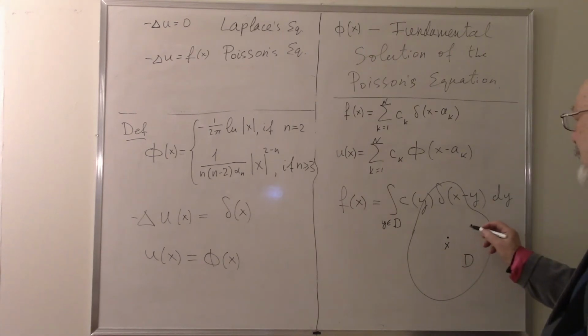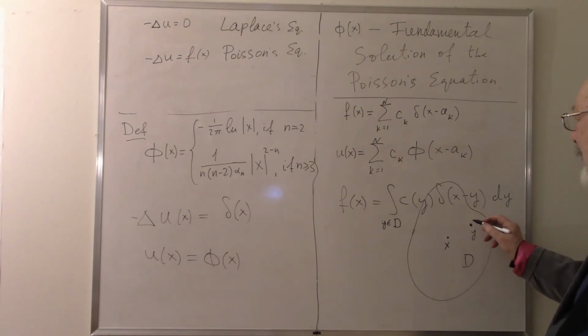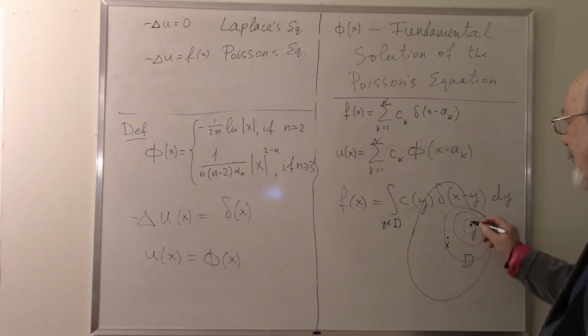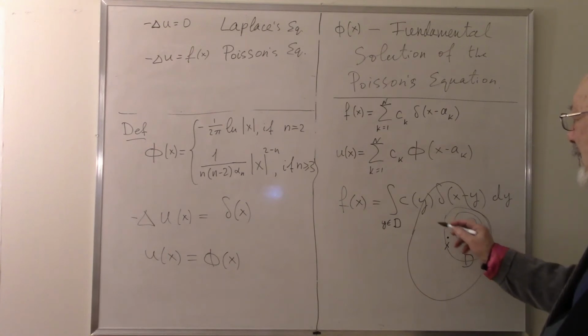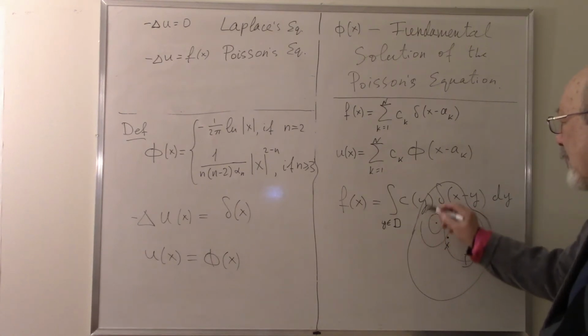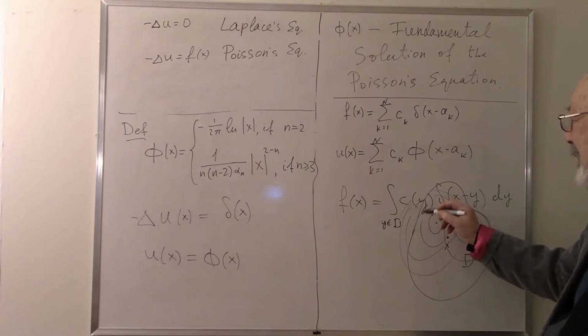Then for each y in this domain, we have this coefficient c of y, and it produces some solution phi of x minus y multiplied by c of y. So for any point y in this domain, we have this solution, and then we have to add them with this weight c of y.